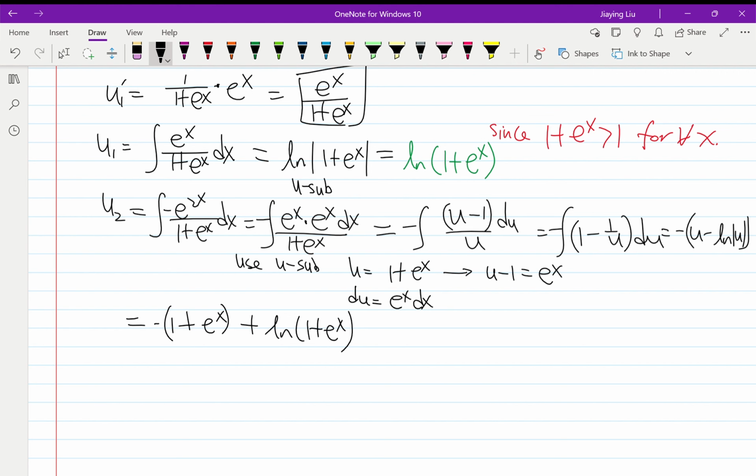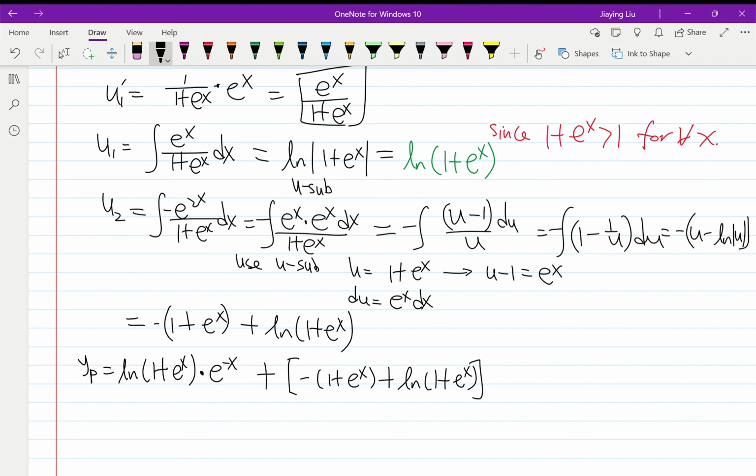And now we're just going to take u1, u2, put into the particular solution. So yp equals u1, which is natural log 1 plus e to the x times y1 e to the negative x plus u2, which is a little bit long here. So that's going to be negative 1 plus e to the x. We can distribute the negative if we want, plus natural log 1 plus e to the x.